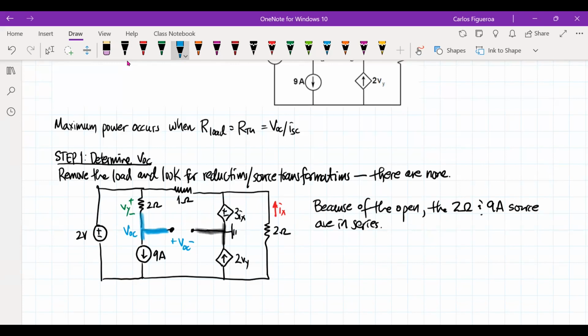So I'm going to have to start coloring nodes to figure out what I know and what I do not know. I know what Vy is because of what we just said right here.